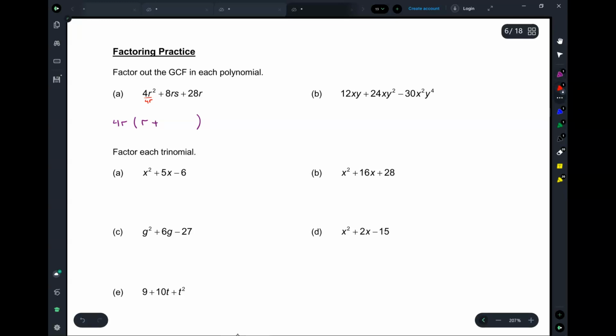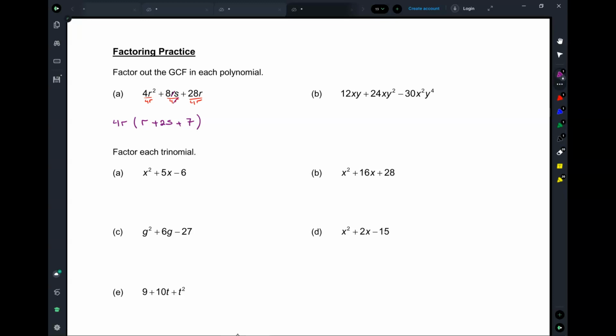Plus, 8 over 4 is 2, the r over r goes away, and I have an s left. Finally, I have a 7 left, and the r's cancel out. So this is the factored form: 4r times (r plus 2s plus 7).